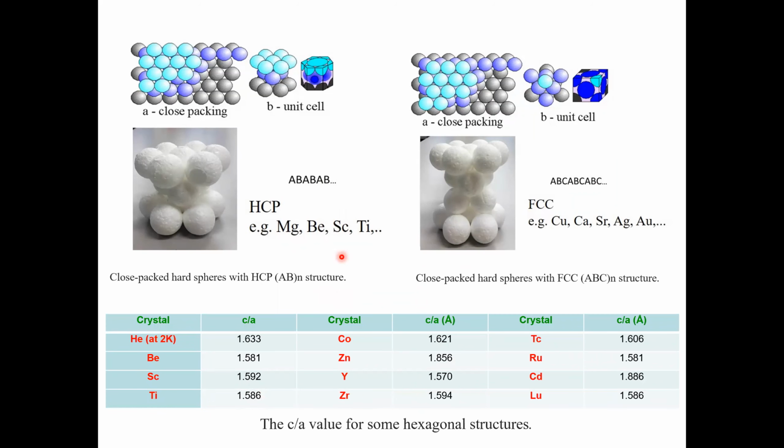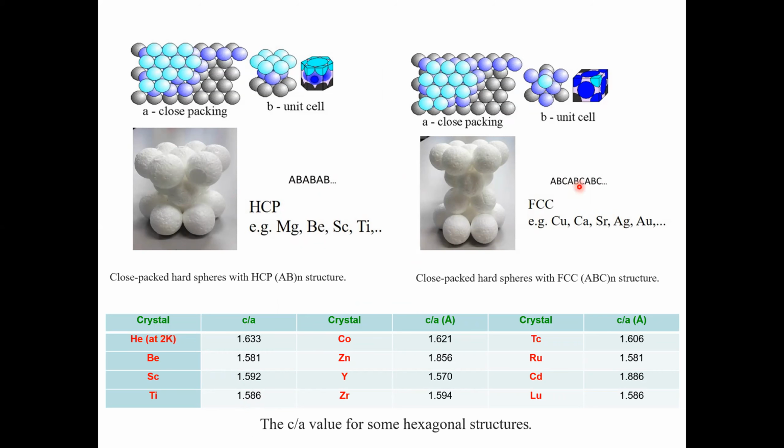Okay, great. So close packing, we have AB, AB, AB, and ABC, ABC, ABC. AB, AB, AB, we sometimes call hexagonal close pack. So this is in 3D.